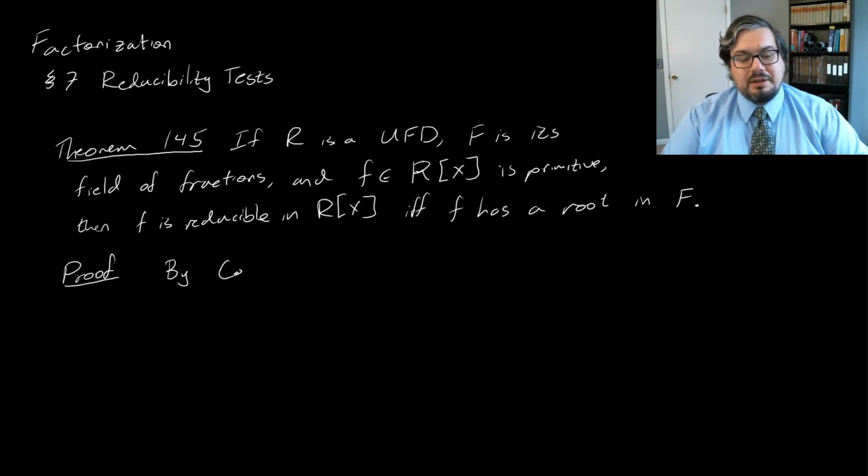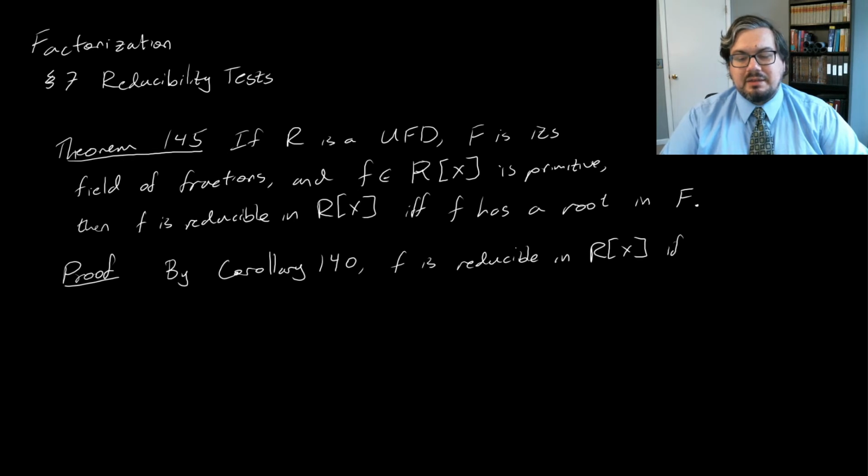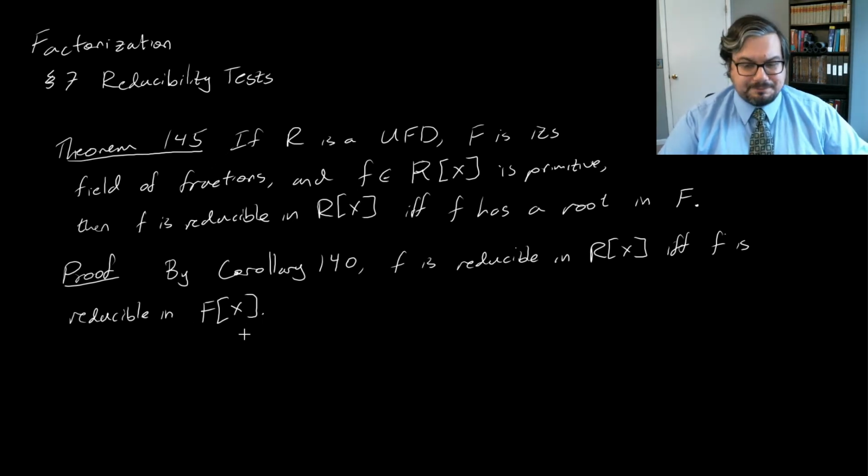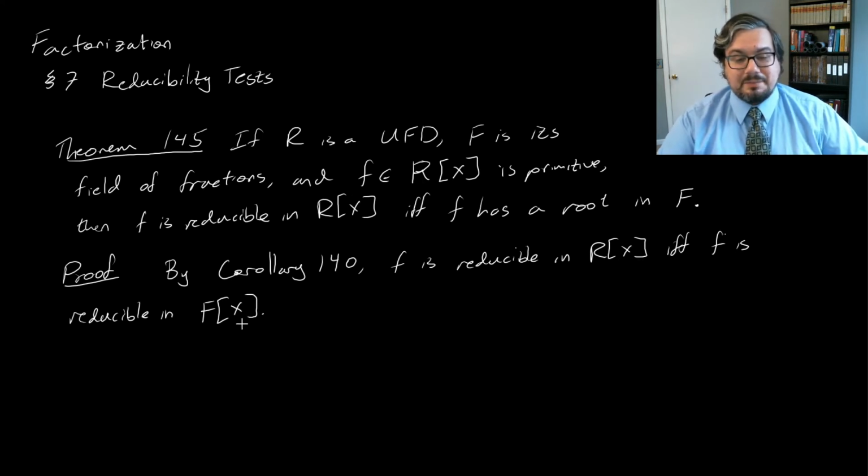So by corollary 140, since we know that f is primitive, f is reducible in R adjoin x if and only if f is reducible in the polynomial ring over the field of fractions F itself. So we're sort of reducing to the case where f is a polynomial ring over a field. So we're going to show that all this holds if we were just looking at polynomial rings over a field to begin with.